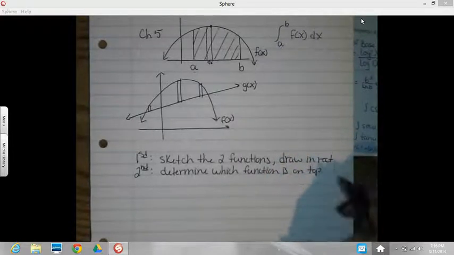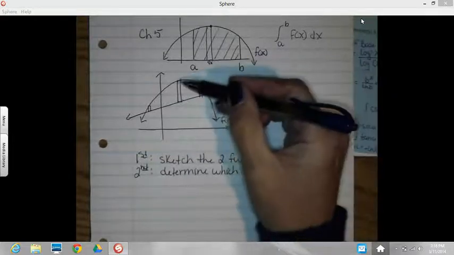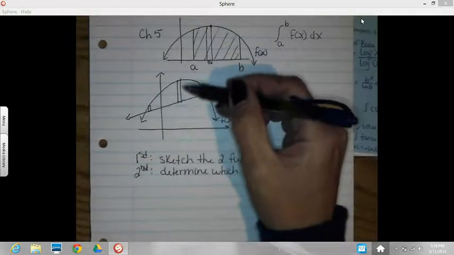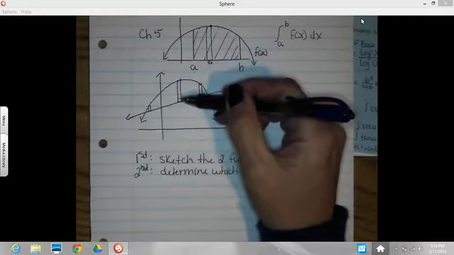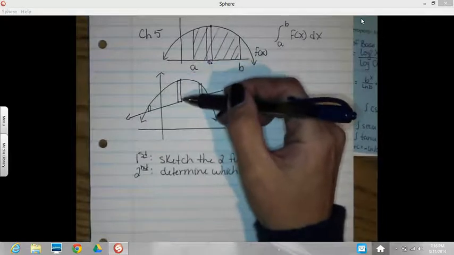This will help us set up our integral, because we want the height of the rectangle to be positive, so we have to do top minus bottom. That's in the next step. But you have to know which function's on top and which one's on the bottom.